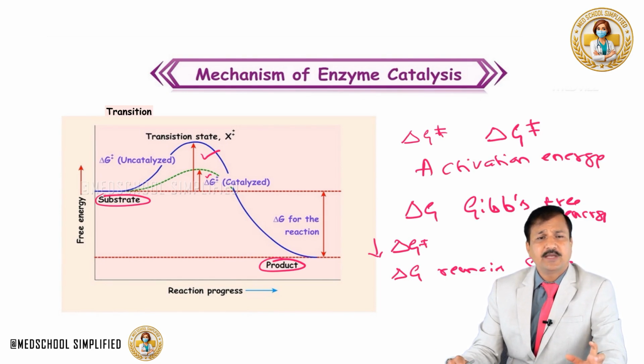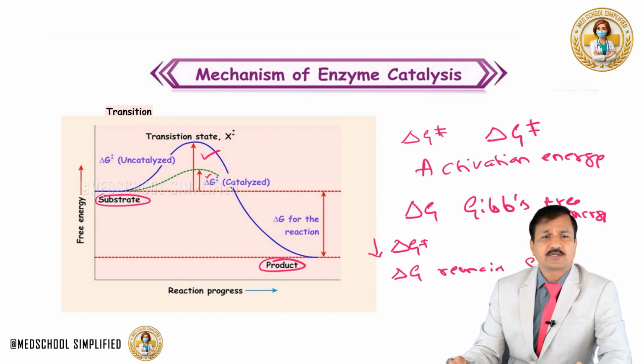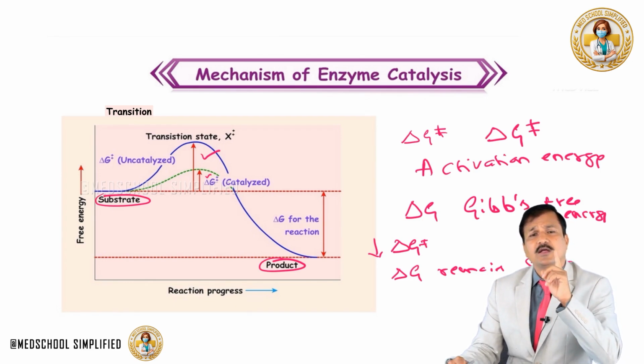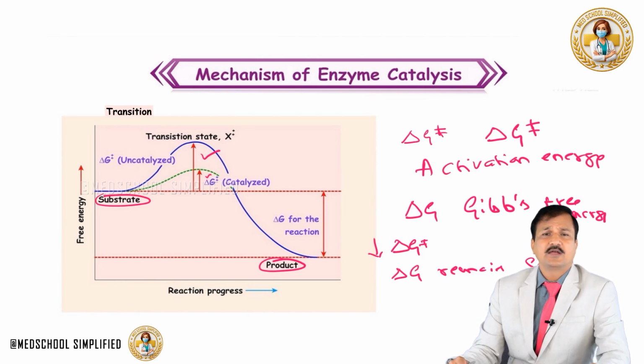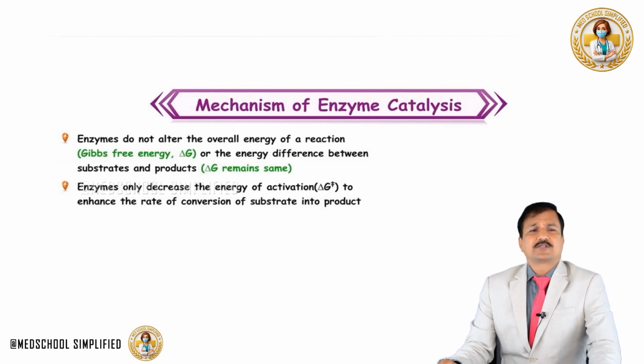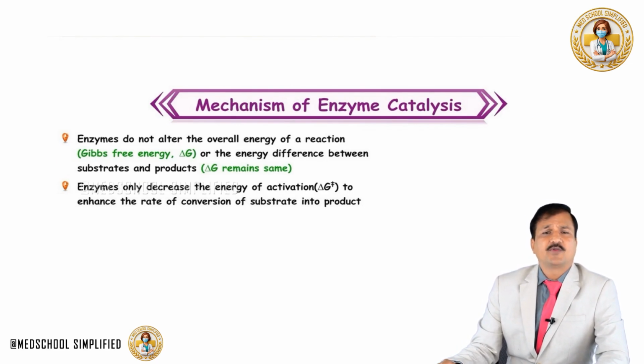This is the mechanism of enzyme catalysis. Enzymes lower the free energy of activation, that is delta G plus plus, but they do not alter the overall energy of the reaction, that is delta G, the Gibbs free energy does not change. Look at what I have explained in the previous slide. It is written here very clearly: enzymes do not alter the overall energy of the reaction.